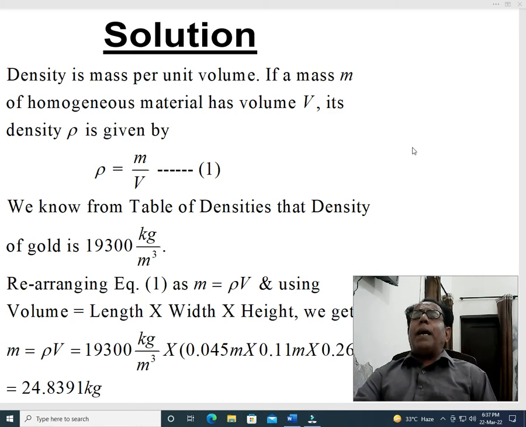Density is mass per unit volume. If a mass m of homogeneous material has volume V, then its density rho is given by rho equal to m over V. Equation number 1.